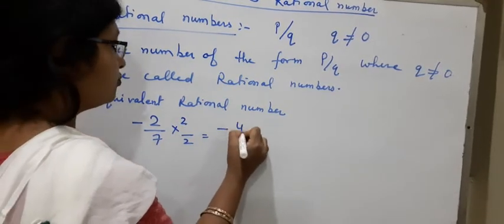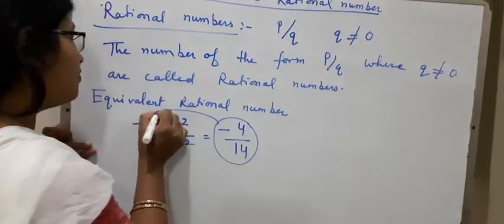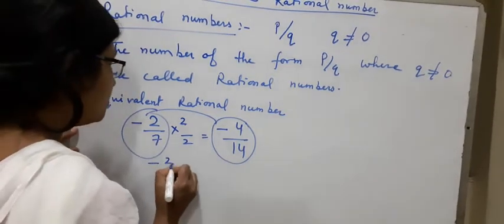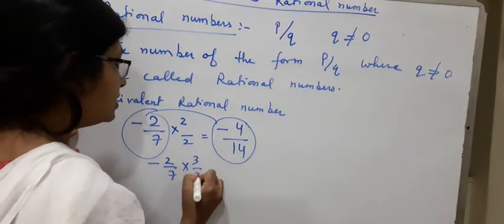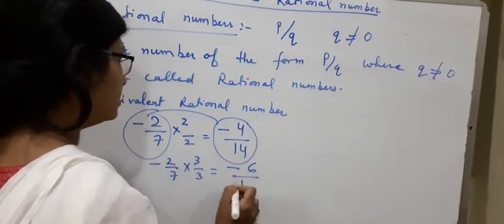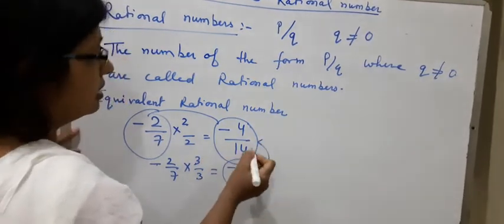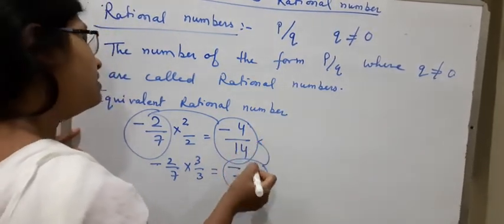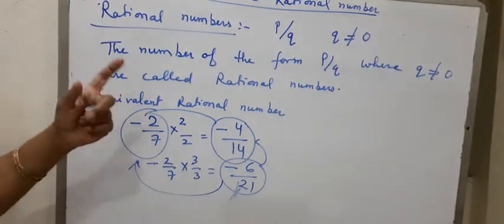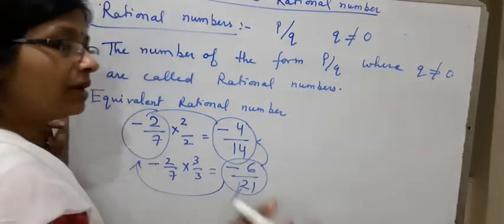Then we get minus 4 by 14. Minus 4 by 14 is equivalent to minus 2 by 7. If we multiply minus 2 by 7 by 3, we get minus 6 by 21. This is equivalent to minus 4 by 14, and this is also equivalent to minus 2 by 7. So to find an equivalent rational number, we multiply numerator and denominator both by the same number.